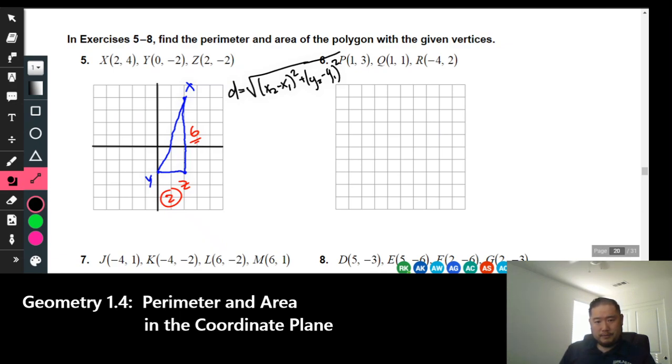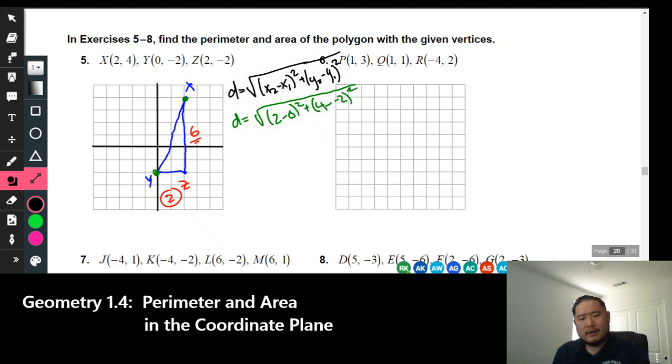So right here, let's plug things in. We have distance is equal to, and remember we're using x and y. I'll put 2 minus 0, quantity squared, plus 4 minus negative 2, quantity squared.